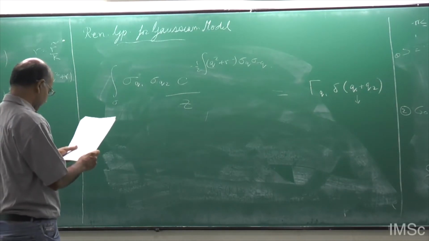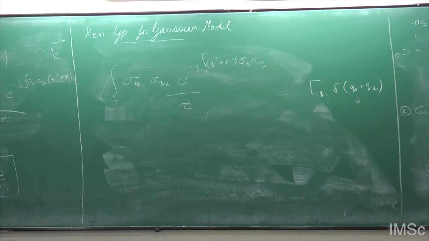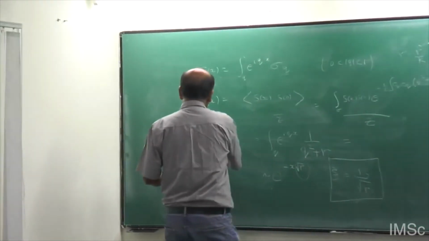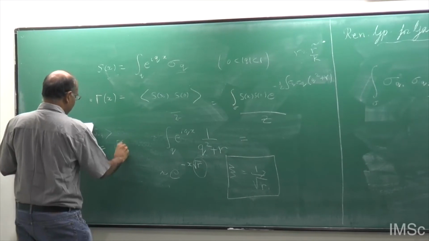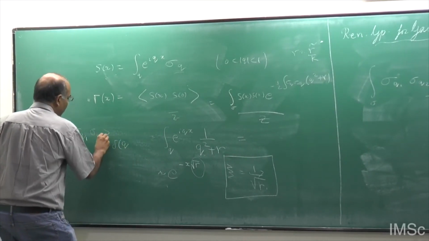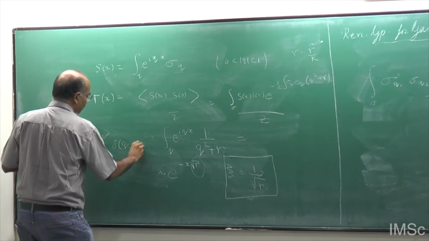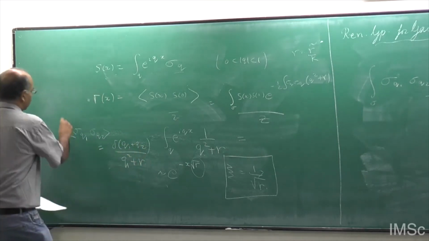It's for later reference. So when I calculate this, what I get is delta of q1 plus q2 by q1 squared plus r.